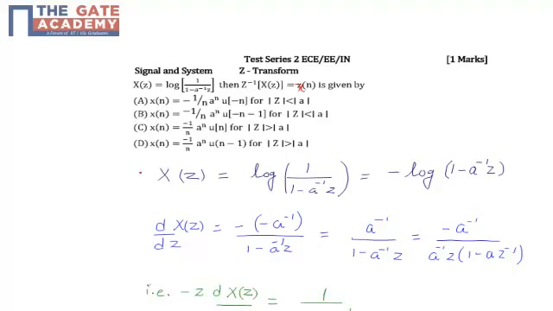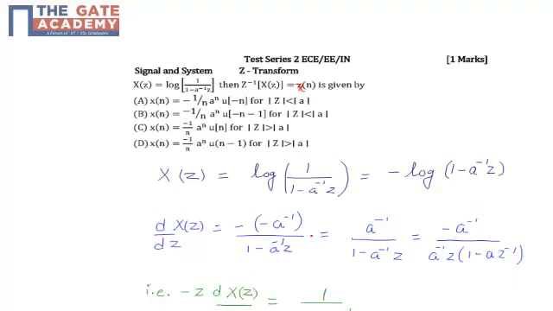So what we are given is X of z equal to log of 1 by 1 minus a inverse z. We can write this as minus log of 1 minus a inverse z. From this, if I take the derivative of X of z with respect to z, what I get is minus times minus a inverse divided by 1 minus a inverse z.